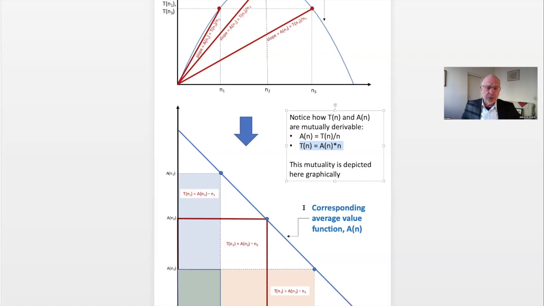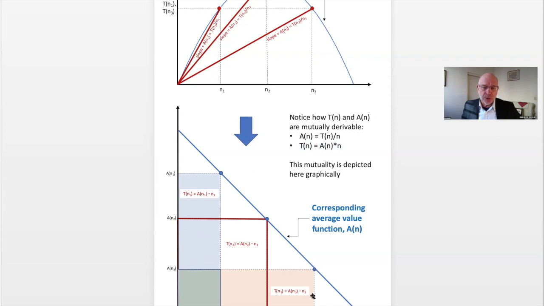Well, the geometric interpretation of that is just going to be the area of the rectangle that's defined by the origin and some point on the average value function.